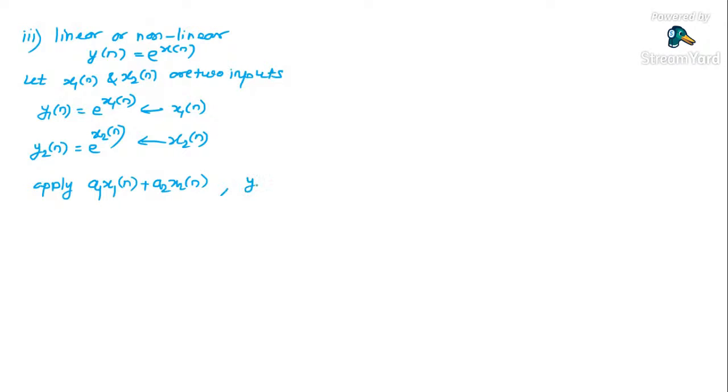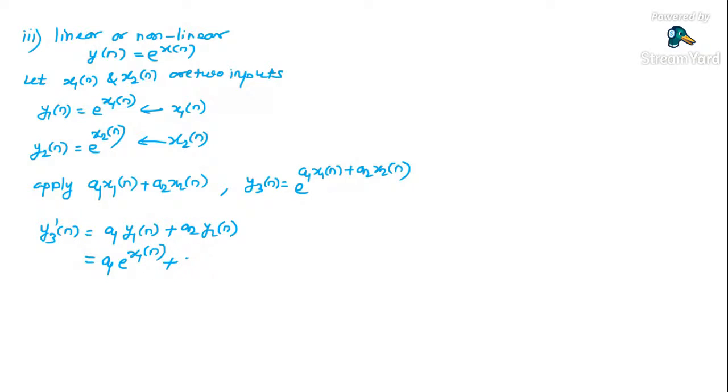Then what will be the output? y3 of n is equal to, whatever input you are giving, e raised to a1 x1 of n plus a2 x2 of n, correct? So this is the output after applying this. Now find out y3 dash of n, that is nothing but a1 y1 of n plus a2 y2 of n, so it is equal to a1 e raised to x1 of n plus a2 e raised to x2 of n. This is equation number 2, and the earlier one is equation number 1.